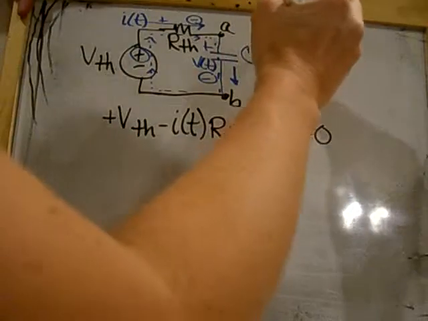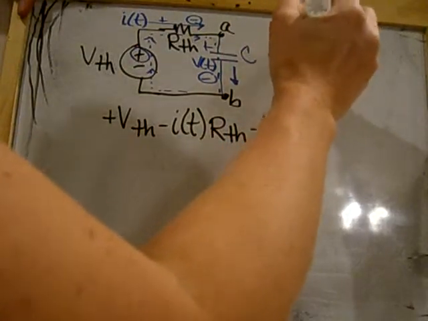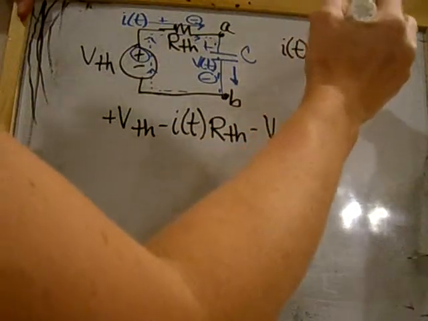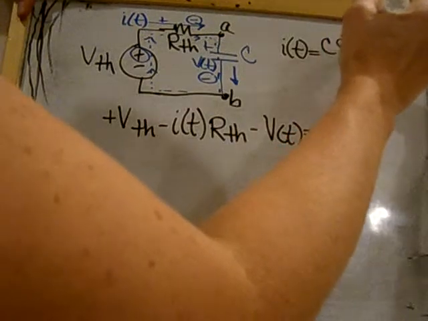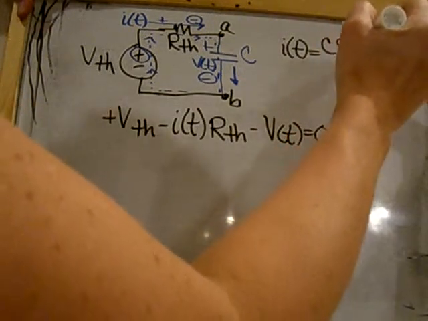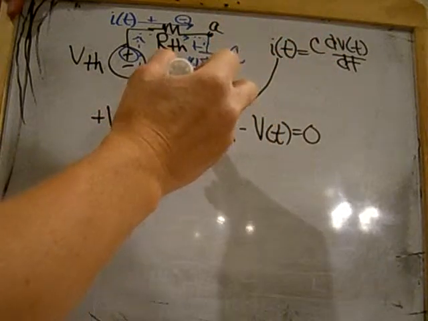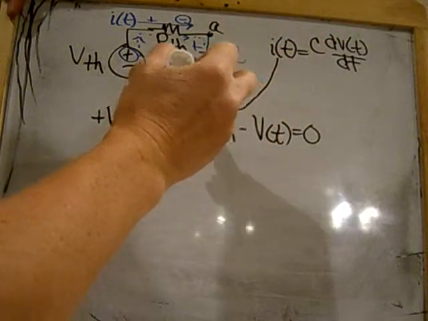For a capacitor, it's known that I of t, which is the current going through it, is equal to the capacitor value times dV of t over dt. So this can now be plugged in for the current I of t here.